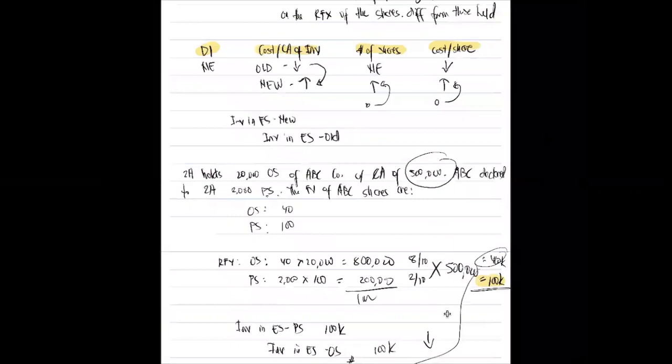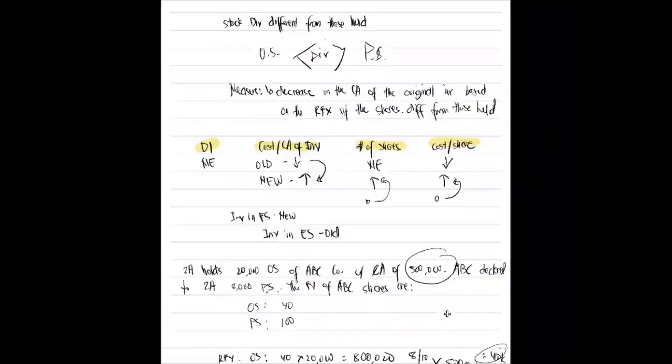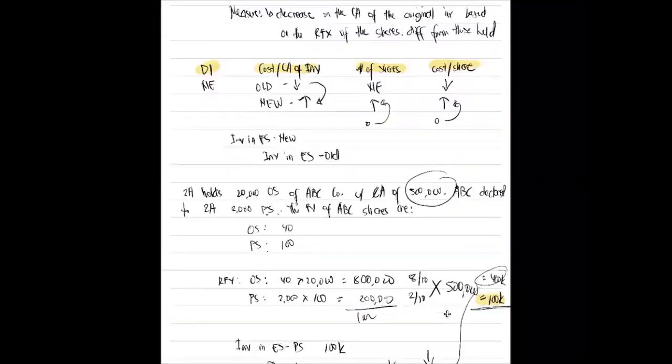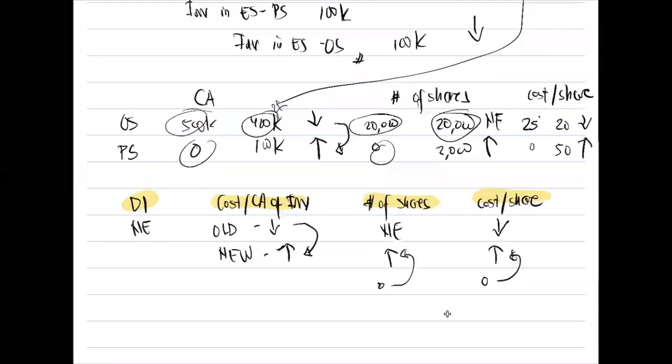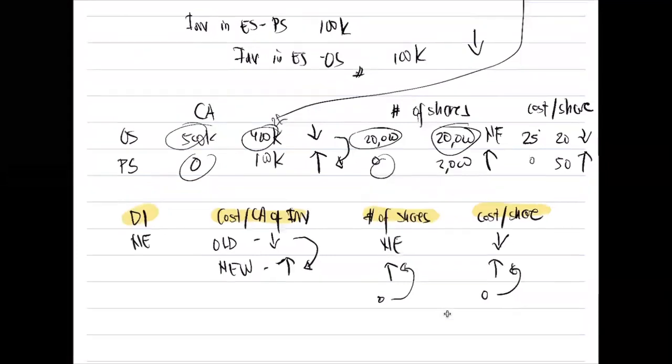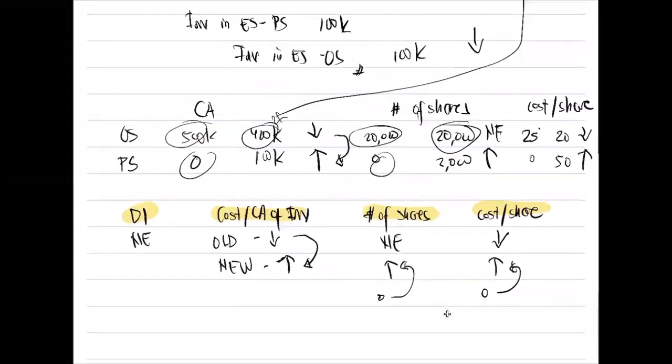So let's take a look back at our diagram. Okay, so this is our diagram. We said as to dividend income, no effect. You already know that one because there will only be a transfer from the old investment to the new shares held.